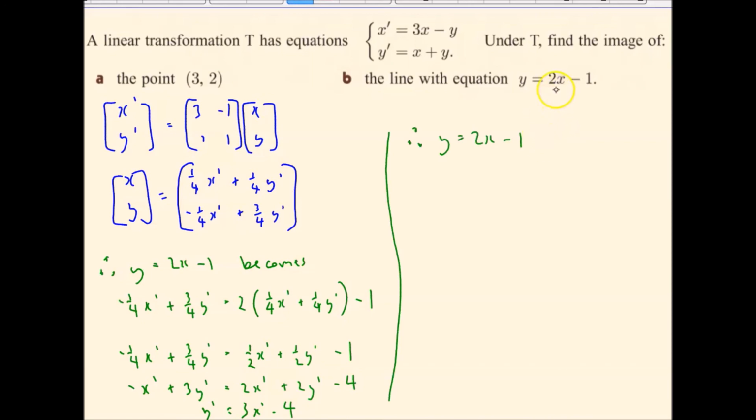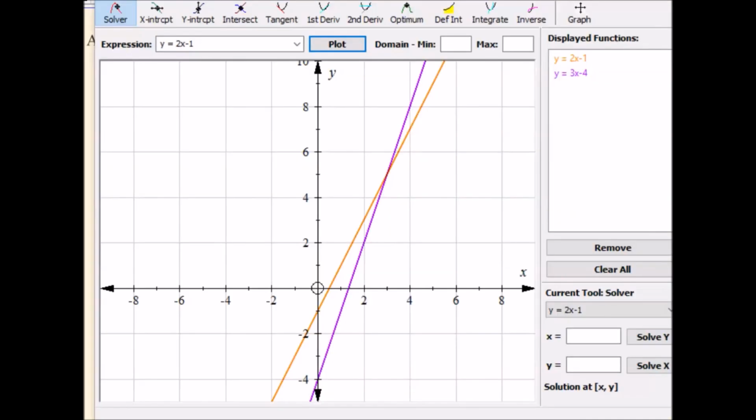So y equals 2x take 1, the original function, has been transformed into y equals 3x take 4. And we can see here that the original function y equals 2x take 1, under this transformation, has become 3x take 4.